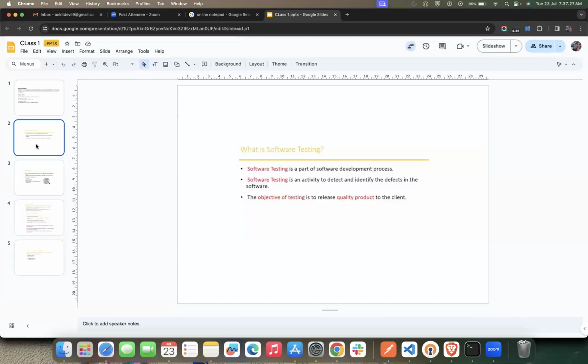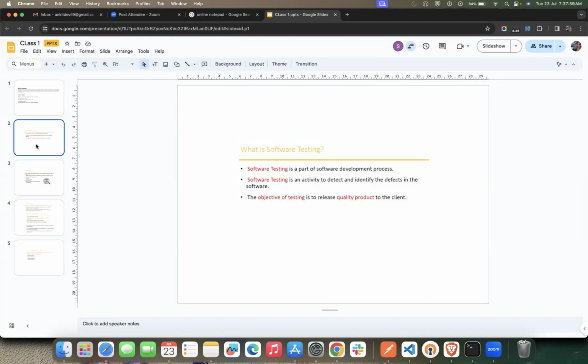Through software testing we can find bugs, and if bugs are found, they will be fixed.